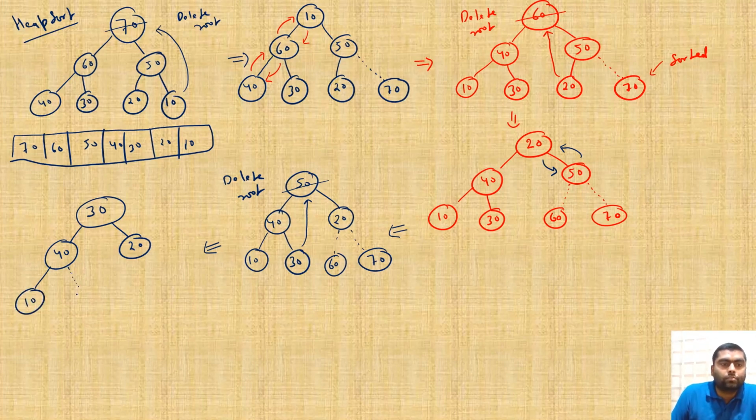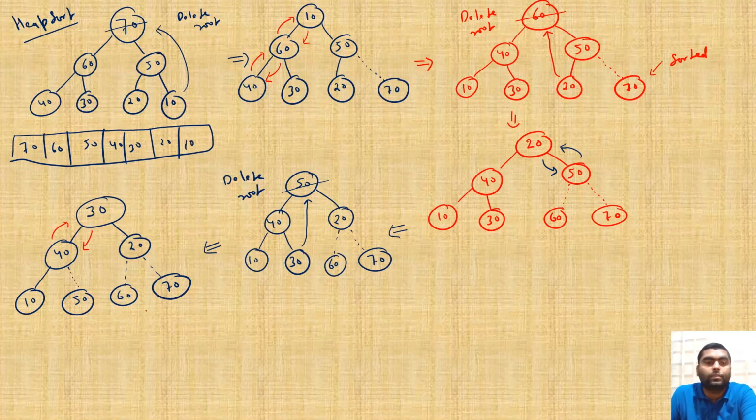Now this is the sorted value. Sorted value is what? 50, and these are all the sorted values: 50, 60 and 70. Okay, but now this is not a max heap, so we have to maintain max heap, so this 40 will be replaced over here and this 30 will come over there.